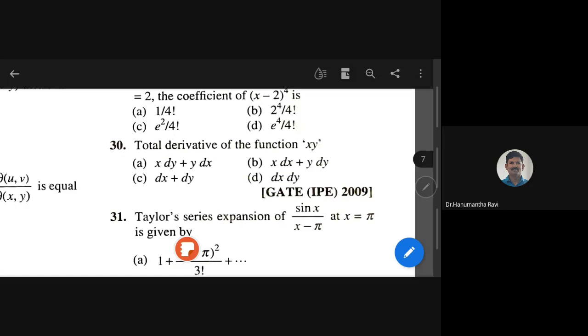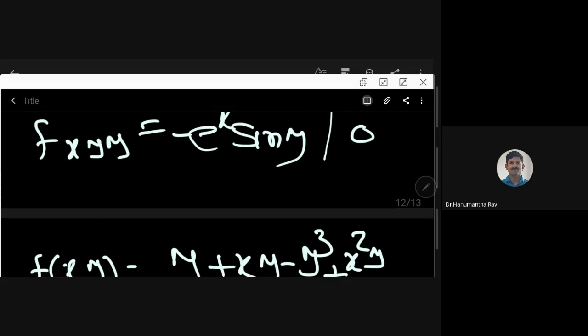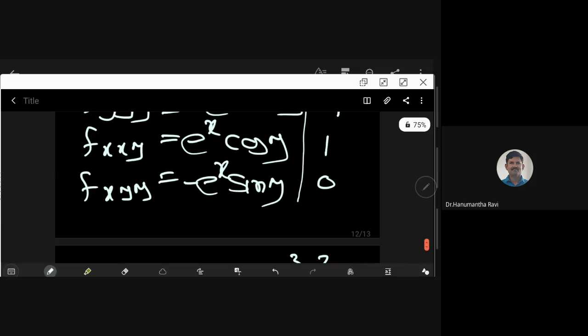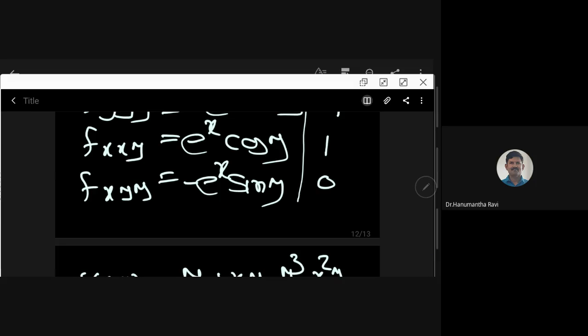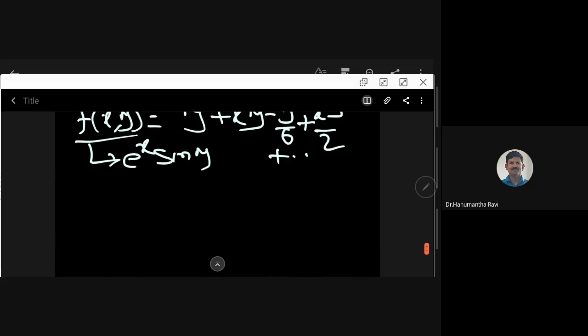For example, see, this is a good question. I talk about the 30th problem. What is the total derivative of the function xy? Total derivative means, see, what is total derivative?